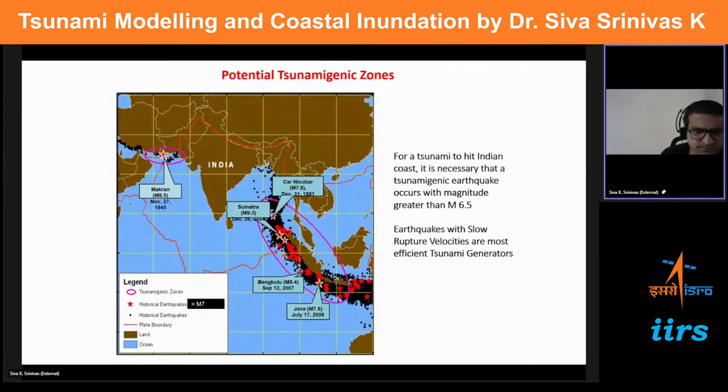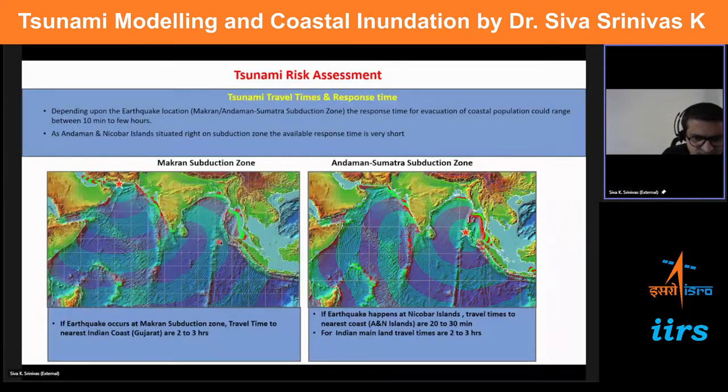Now imagine there is an earthquake either in the Sumatra subduction zone or the Makran subduction zone. Whenever there is an earthquake in the Makran subduction zone, the nearest coast would be Gujarat. The tsunami travels with high speed in the deep ocean, and it reduces its speed when it comes to the coast. Remember, velocity is directly proportional to the square root of gH.